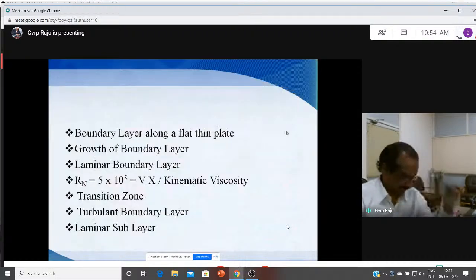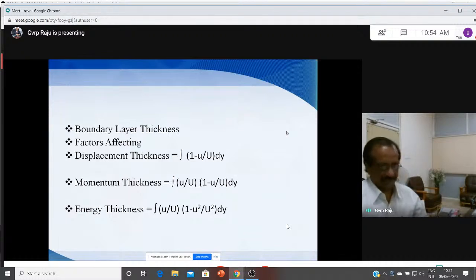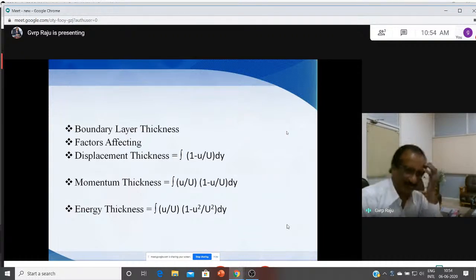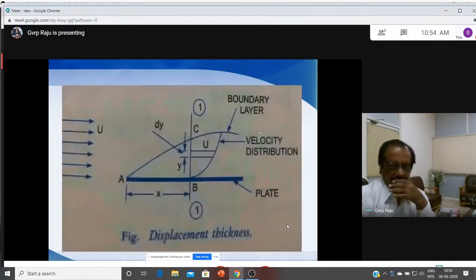Then boundary layer thickness. What is meant by boundary layer thickness? And what are the factors affecting boundary layer thickness? This is the sketch here.